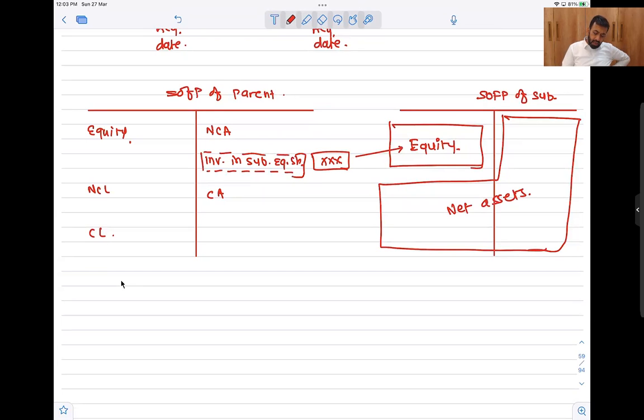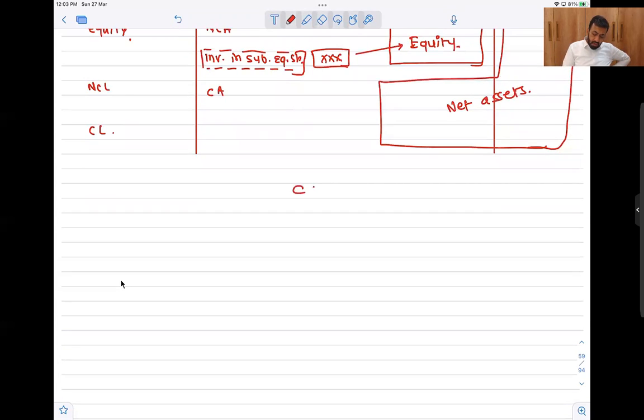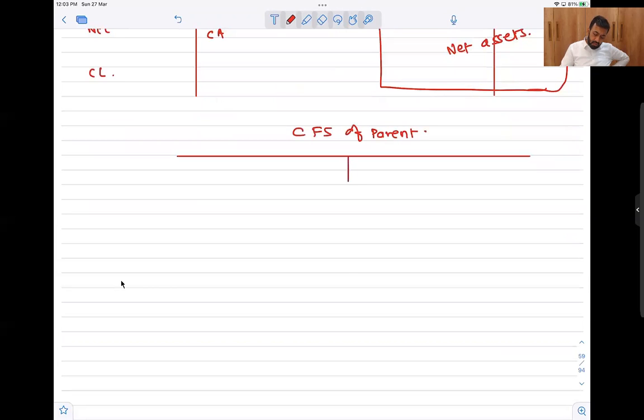This line gets replaced, and now what happens? CFS of parent. In the CFS of the parent, what will happen? You will have non-current assets, current assets, non-current liabilities, current liabilities, and you will have equity.